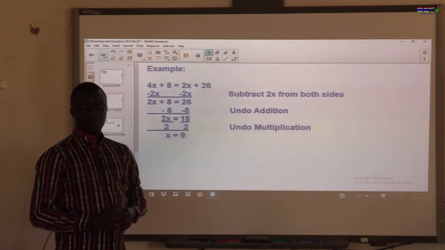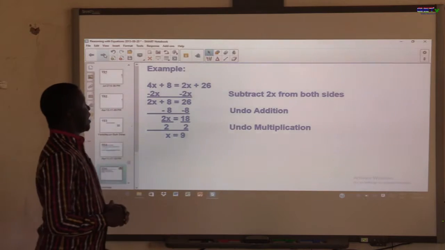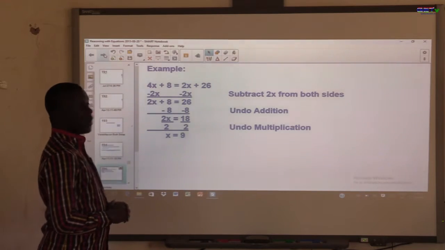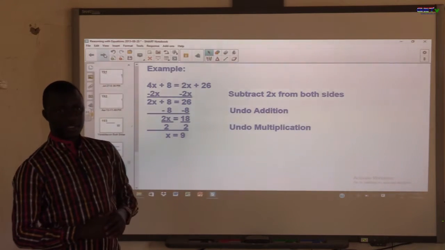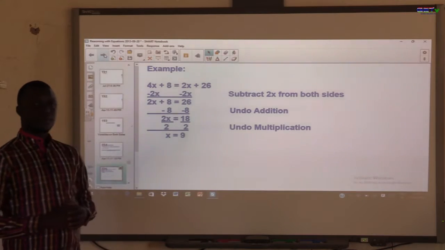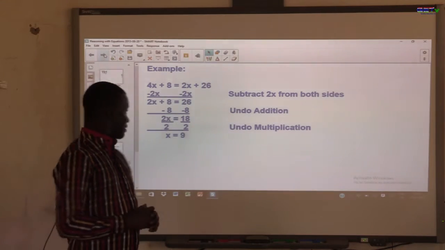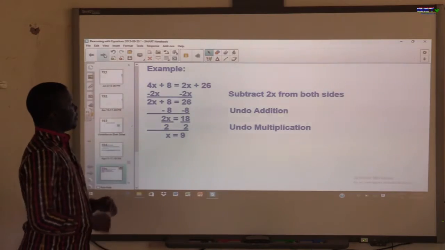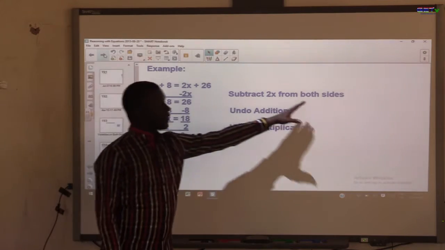Here is our first example today. We have 4x plus 8 equals 2x plus 26. The instruction says subtract 2x from both sides.